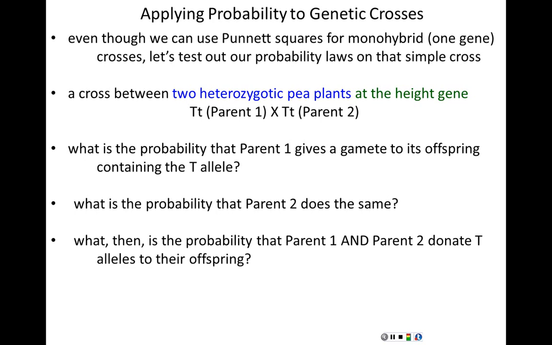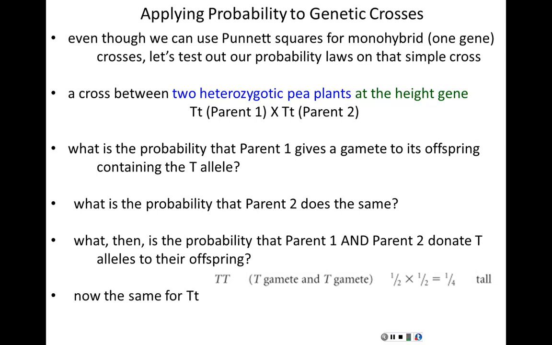So what's the probability that parent 1 and parent 2 both donate the dominant T alleles to their offspring? I said "and," so that's the product rule. So it's 1/2 for parent 1, 1/2 for parent 2, 1/2 times 1/2 is 1/4. So there's a 1/4 chance that the offspring is going to get a dominant T allele from each parent and be tall.